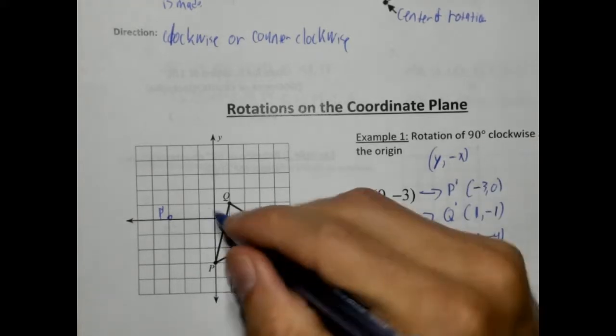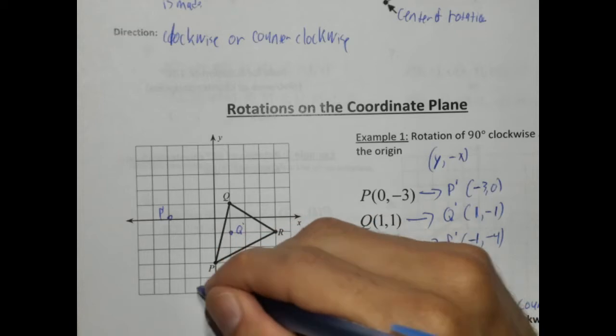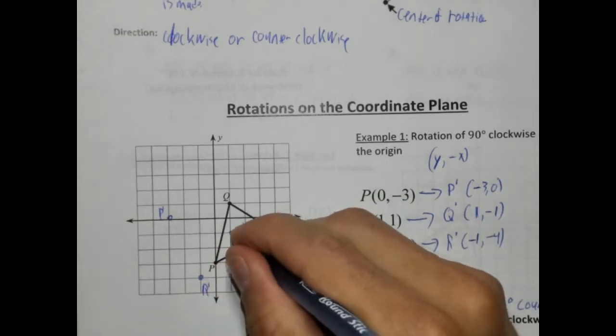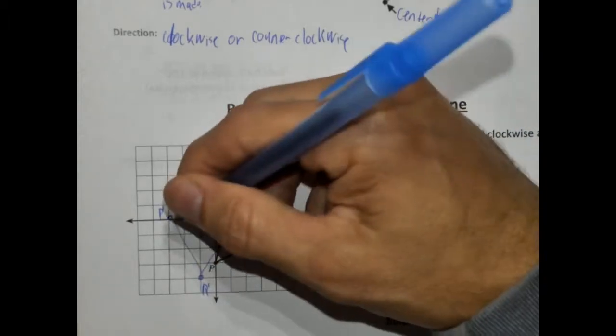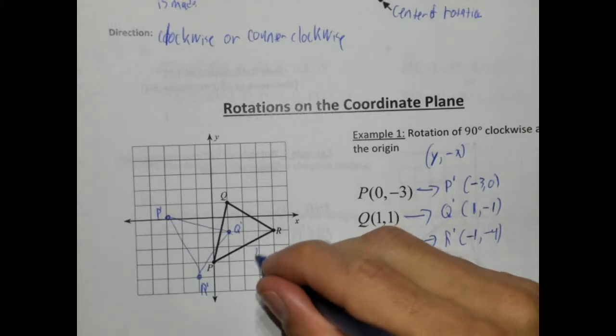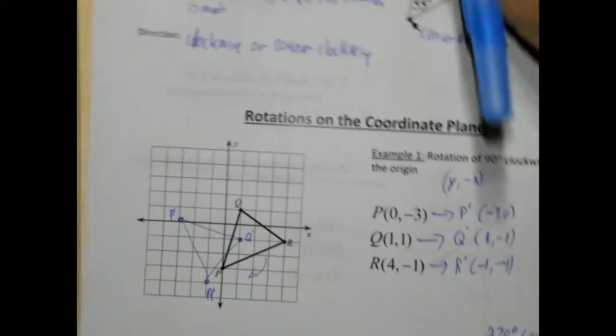And then (-1, -4) would be 1, 1, 2, 3, 4. And that's going to be our R prime. And there you go. So if you actually rotate it 90 degrees clockwise, it's going to go that way. And you can actually turn your paper, and you'll see that it's going to end up where you drew it. So you can tell it worked by doing that. Rotating the paper is actually quite useful.